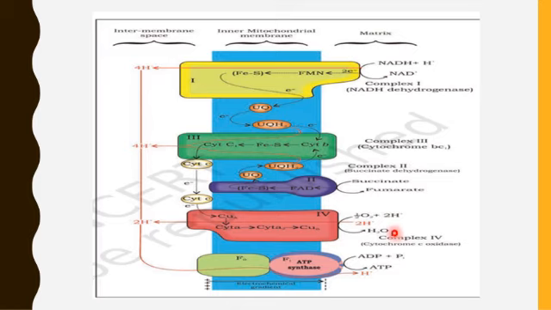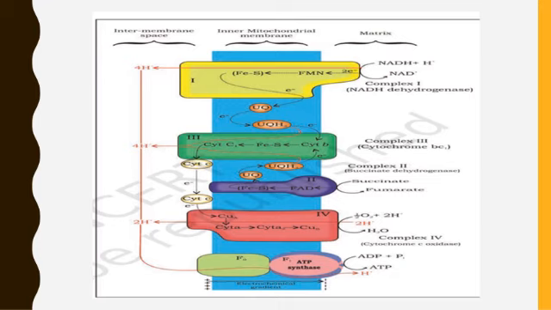Water is formed in complex 4, ATP is formed in complex 5. So this is the end of aerobic respiration, and the process is known as oxidative phosphorylation.